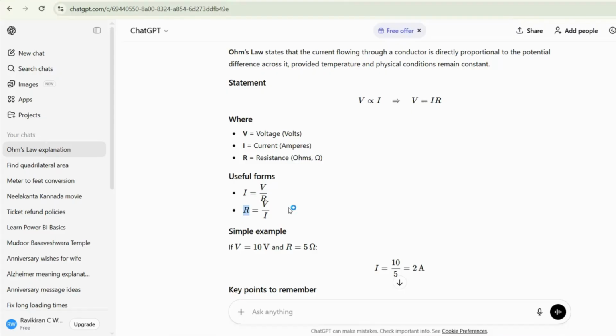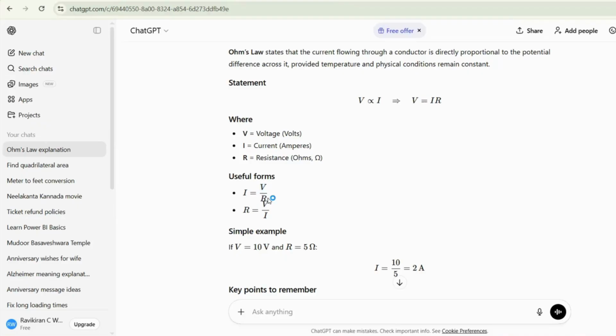Okay. Next, how do you define Ohm's law? With the help of this statement, I is equals to V by R. I is current. Current flowing in a conductor is directly proportional to the voltage across the ends of the conductor and inversely proportional to the resistance.